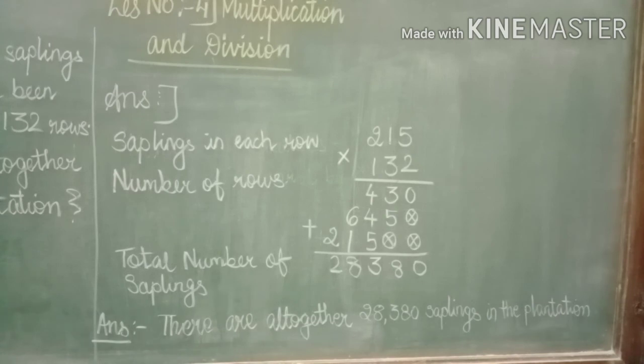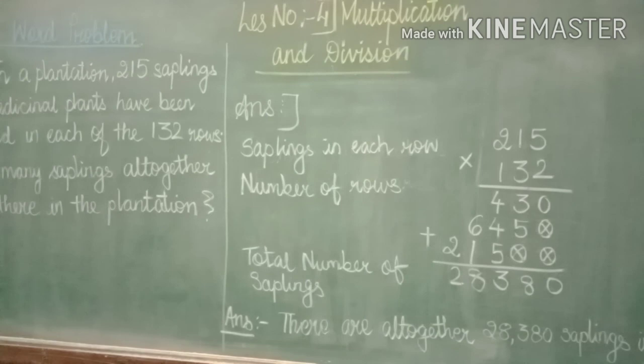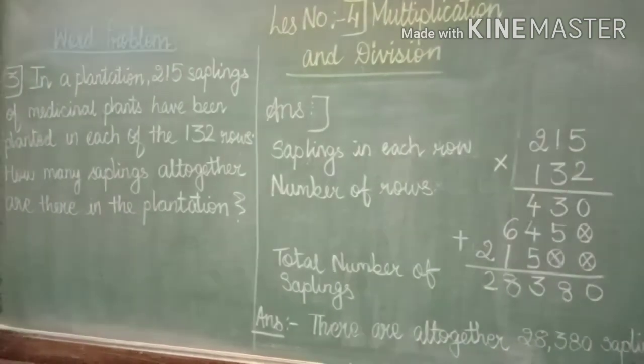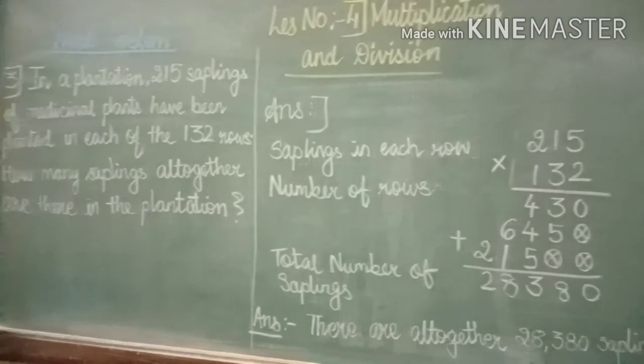Now students, you must know how word problems are solved. See over here, the question is written, and then we have done the solution. The question was, in a plantation 215 saplings of medicinal plants have been planted in each of the 132 rows. How many saplings altogether are there in the plantation? This is the question, and how have we written the answer?